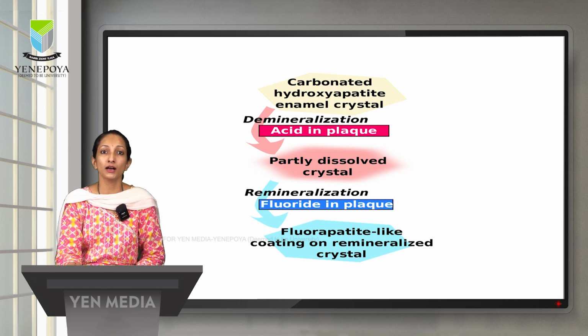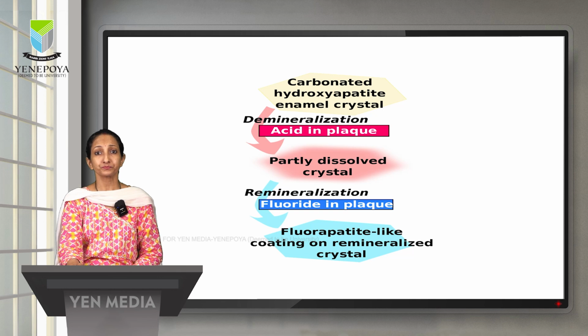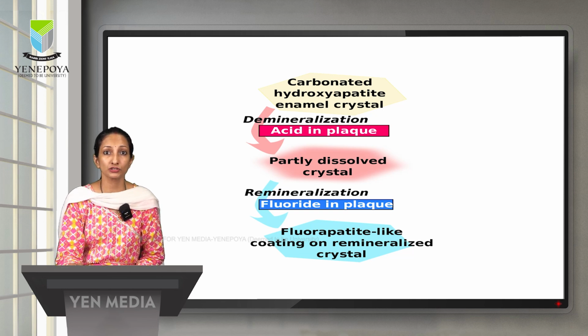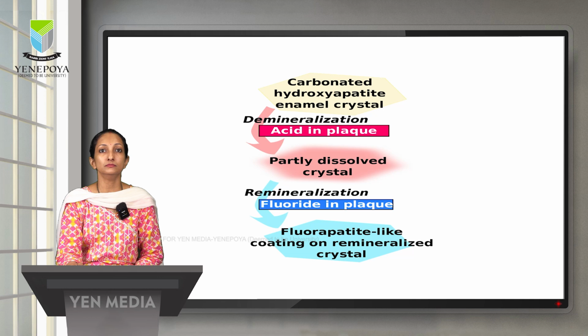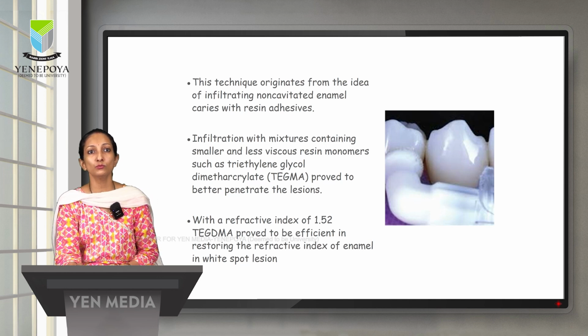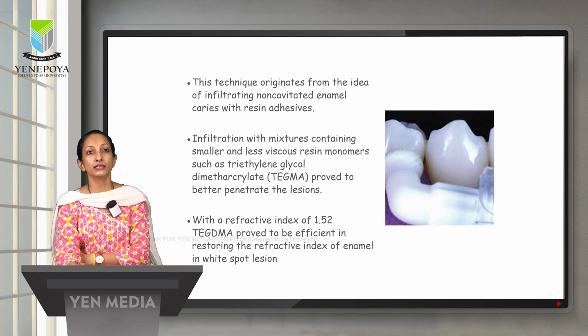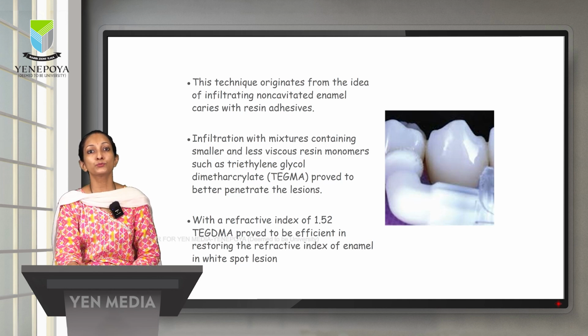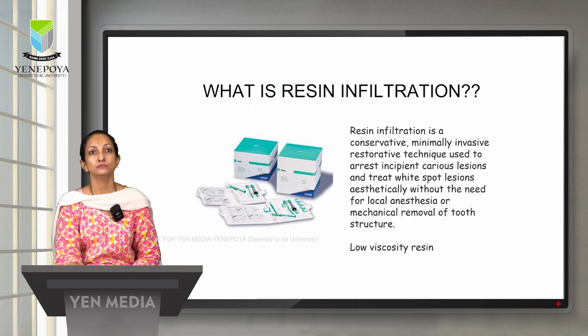So, the fluoride in the plaque results in fluorapatite, which is a tough structure and does not break easily. This technique originates from the idea of infiltrating non-cavitated enamel caries with resin adhesives. Infiltration with mixtures containing smaller and less viscous resin monomers such as triethylene glycol dimethacrylate, also called TEGDMA, has proven to penetrate the lesions better.